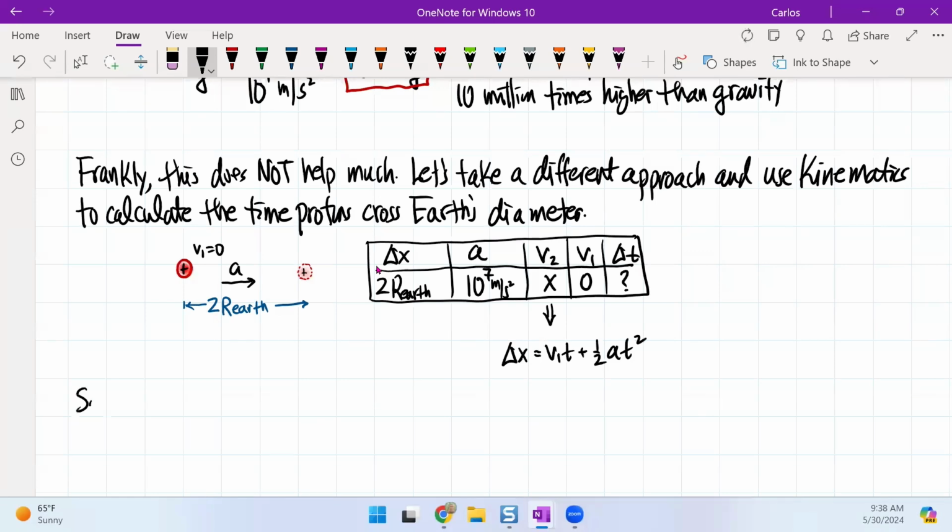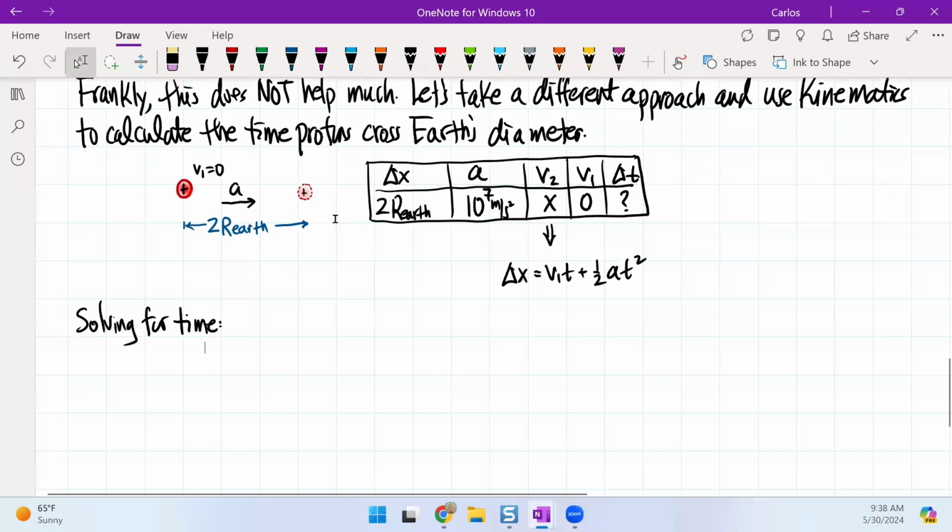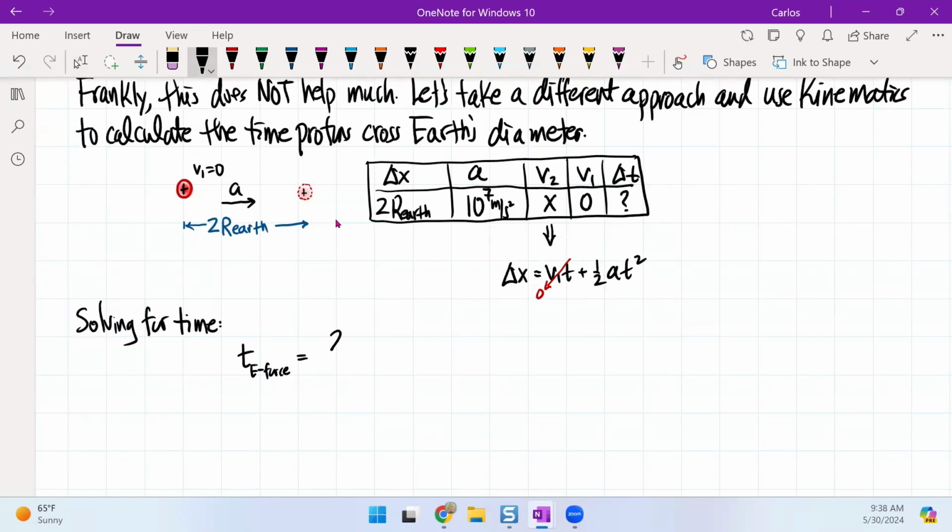So solving for time, if I rearrange that equation, we can see here that this term here is 0. So then I'm going to get that the time due to the electric force is going to be 2 times Earth's diameter over the acceleration due to the electric force.